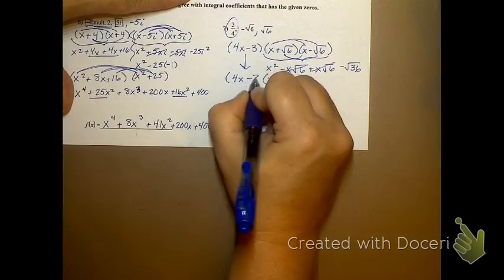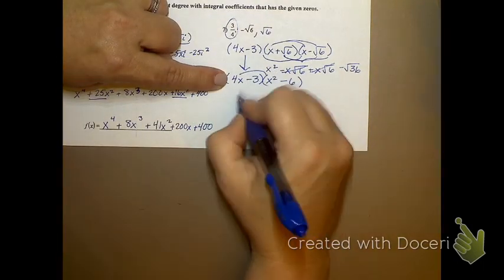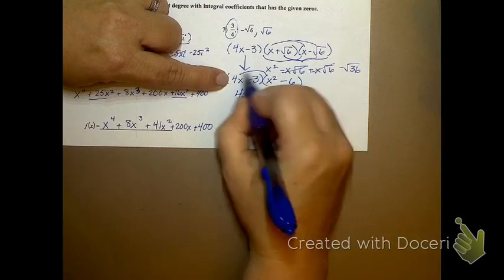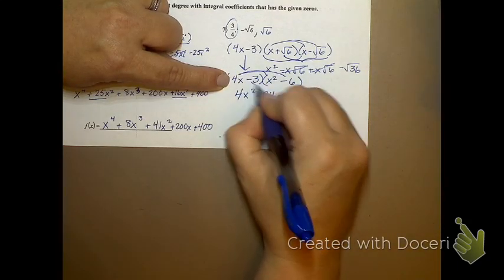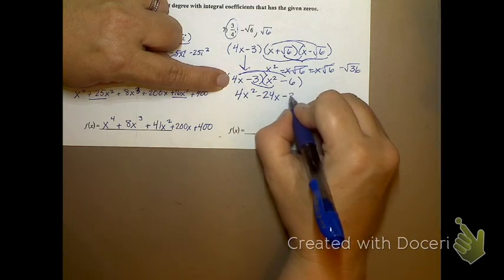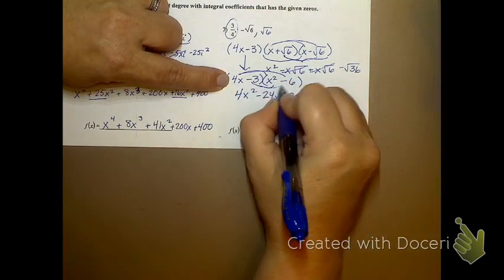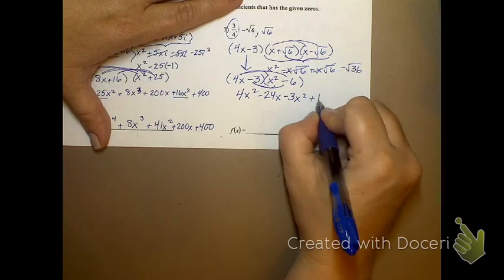4x minus 3. So let's see. 4x times x squared is 4x cubed. 4x times negative 6 is negative 24x. Negative 3 times x squared is negative 3x squared. And negative 3 times negative 6 is positive 18.